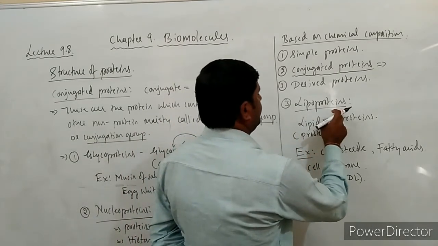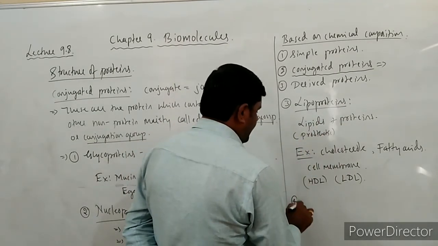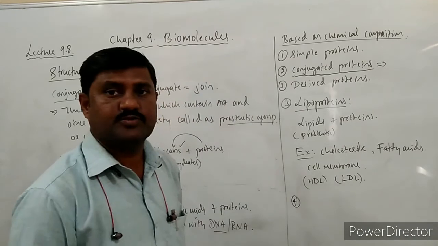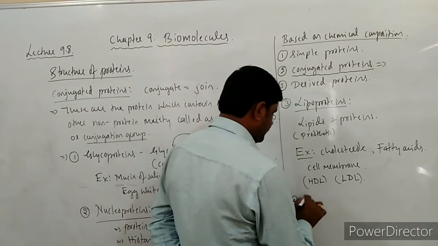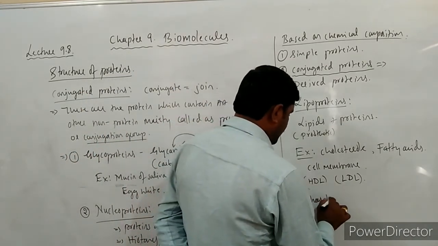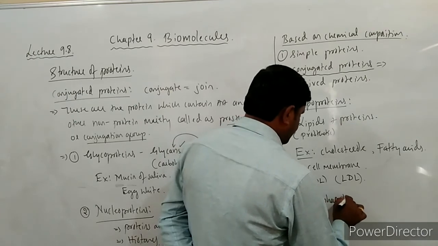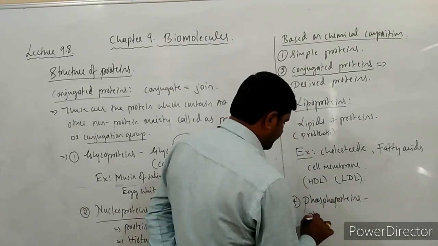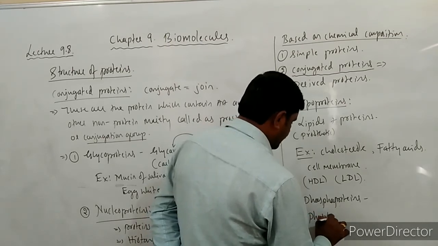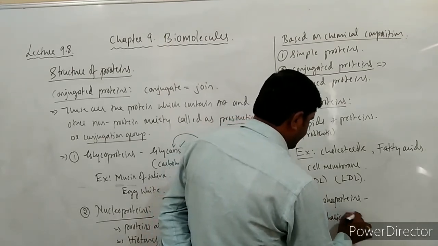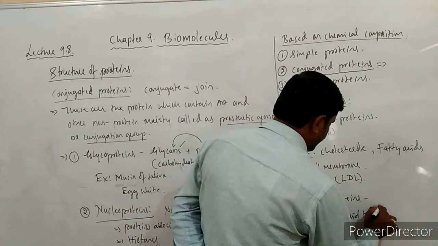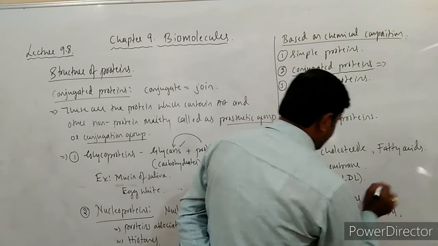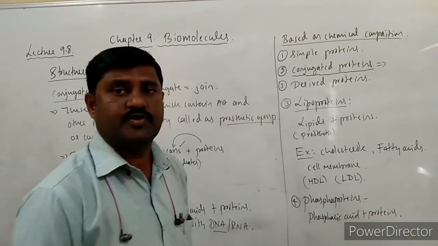So these are lipoproteins. The next one is phosphoproteins. These are proteins associated with phosphoric acid. Together they are called phosphoproteins.